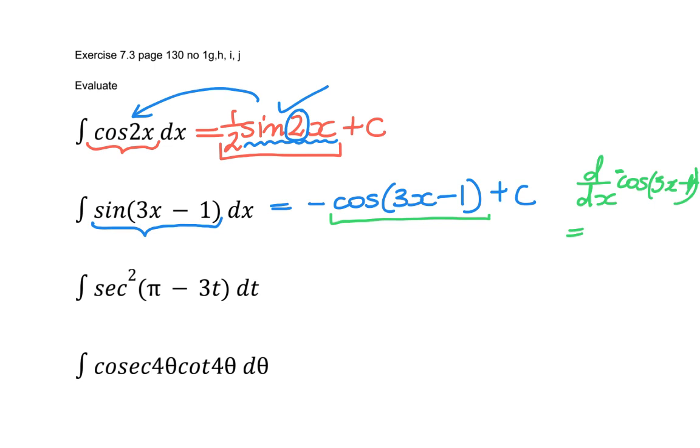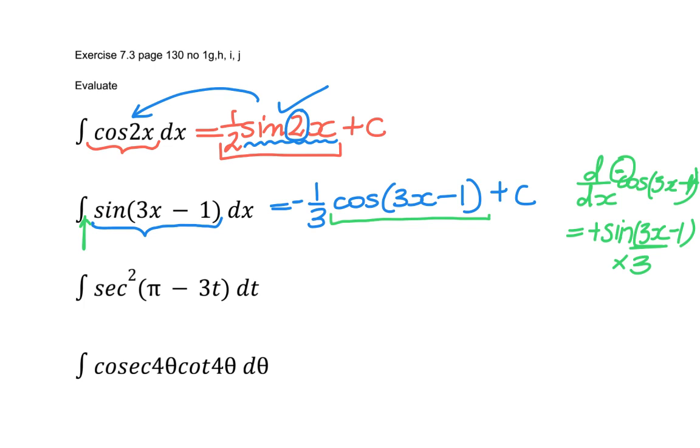Derivative of cos is minus sine, so a minus and a minus will simplify to a sine of 3x minus 1, but I will have times 3 as an inner derivative. Since I do not have 3 here, I need to get rid of this 3 by introducing the coefficient of 1 over 3 to my answer. Make sense? I hope so. Pause it, think about it.